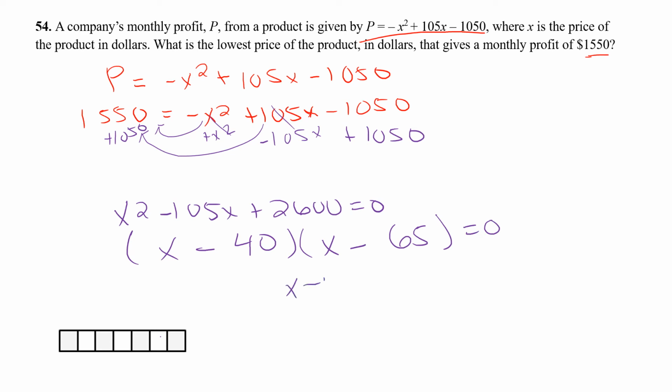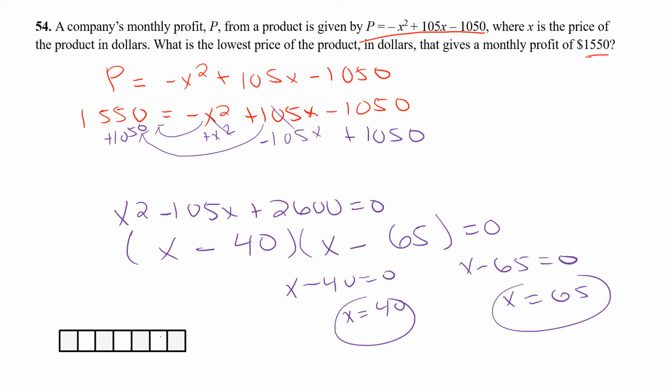So x minus 40 equals 0. So x equals 40. And x minus 65 equals 0. So x equals 65. So it says, what is the lowest price of the product in dollars? So what would my answer be? Of course, it would be 40 because 40 is the lowest number here. So my answer to this problem would be 40.